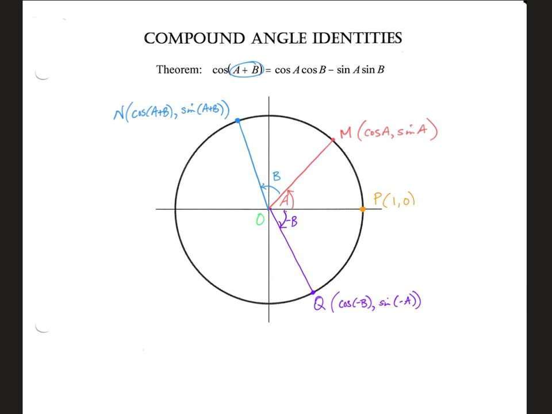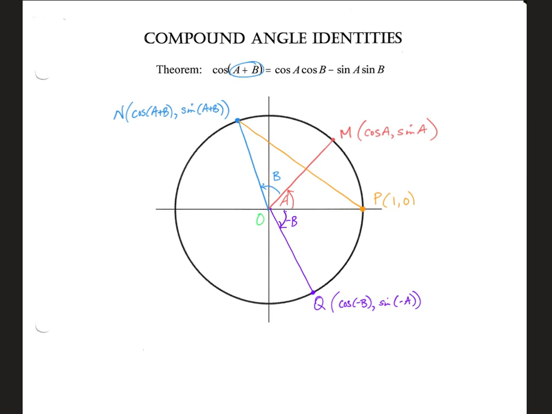But I want you to notice what happens as soon as I connect point N with point P. Can you see, and I'm just going to highlight in here, that I have now created a triangle. I'm going to get rid of those highlights so you can see it highlighted. Okay, can you see triangle NPO?